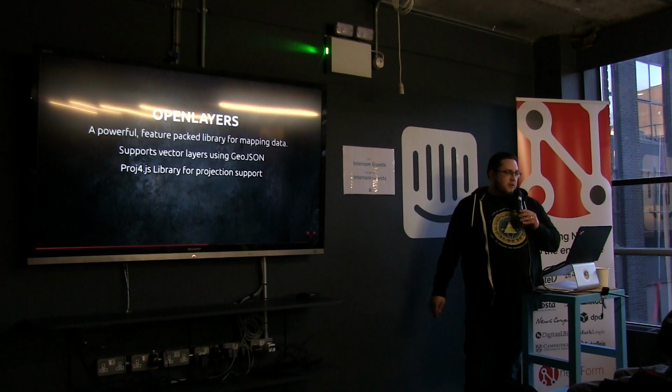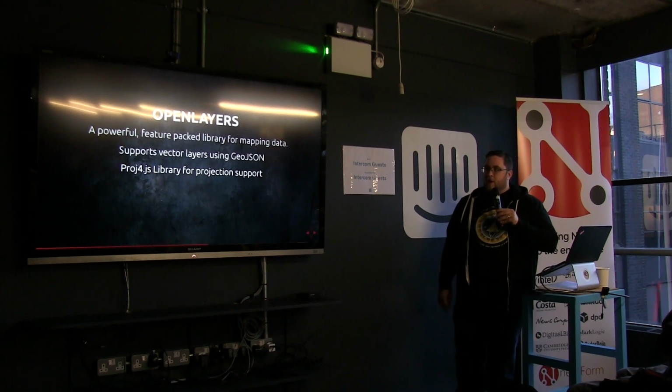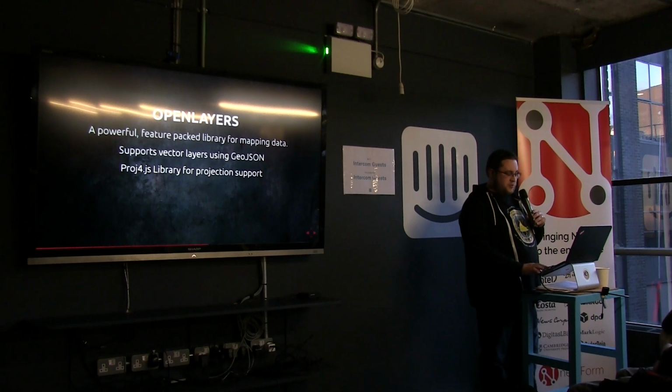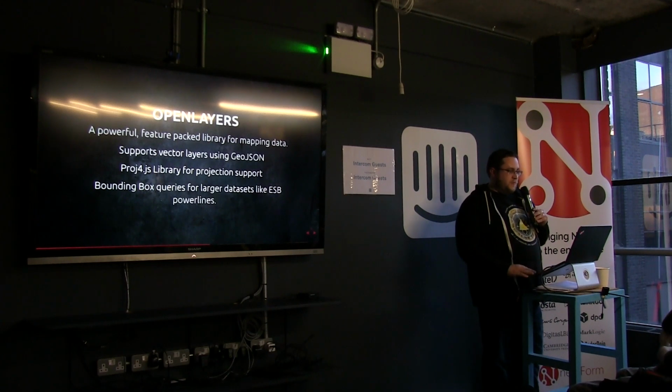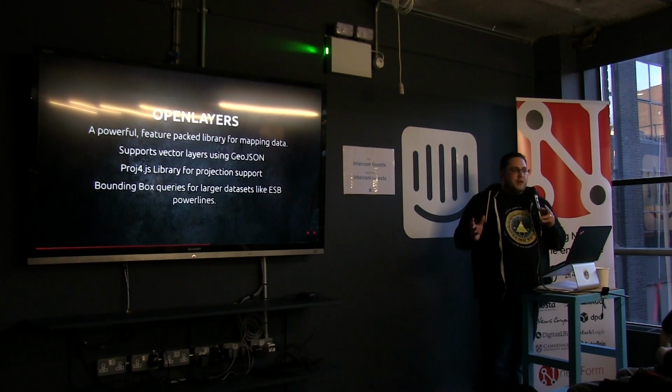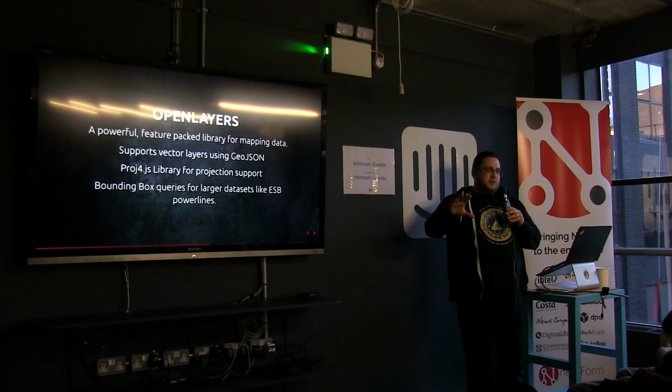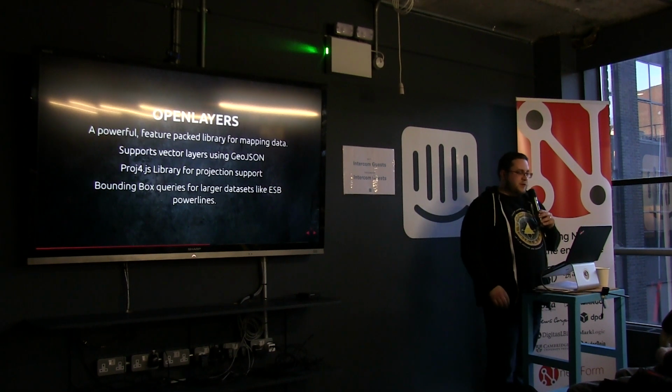As I said before, the Proj4js library, we use that a lot when we go from any weird obscure projection to another. And for the larger data sets like the ESB power lines, that's a lot of data, so we use bounding boxes to make sure we just load the section we want, rather than have the browser crash.